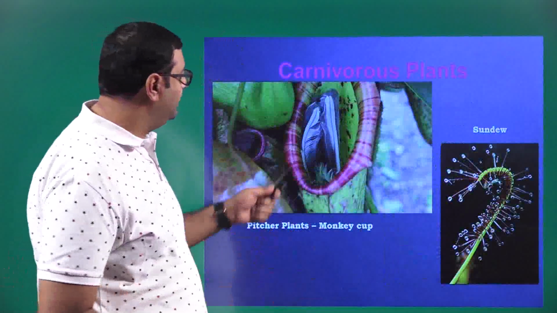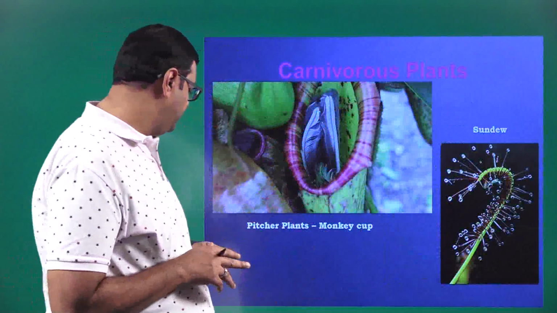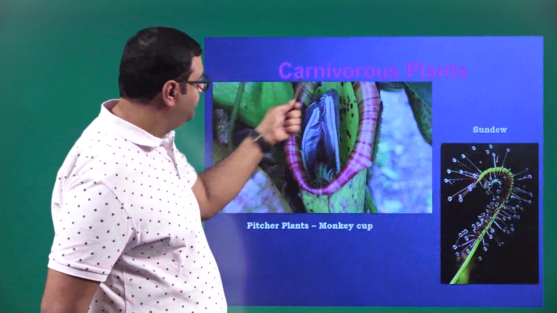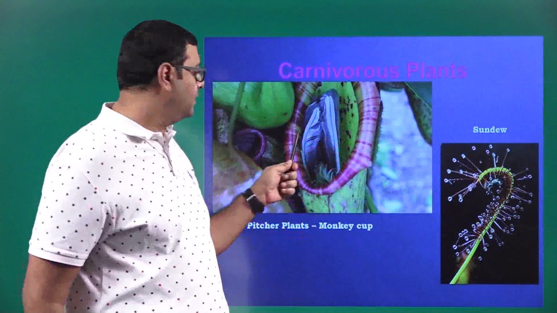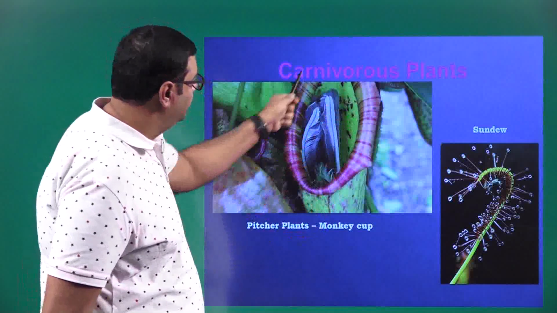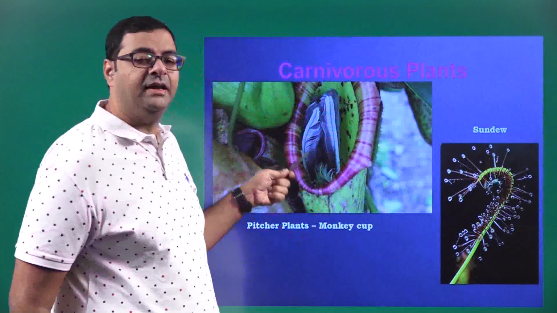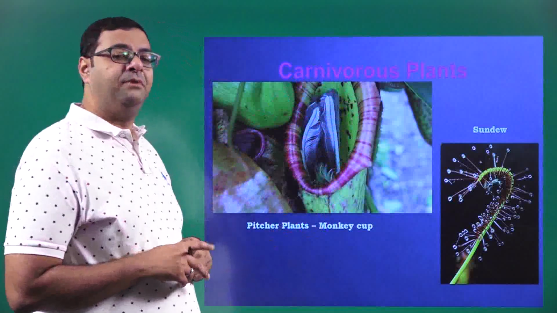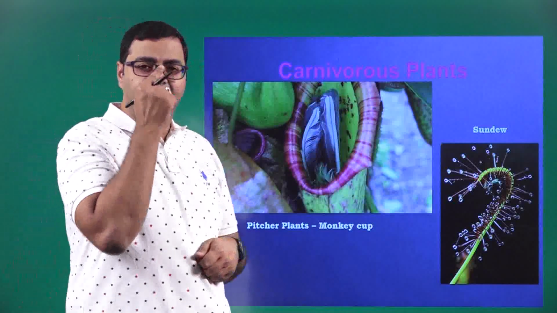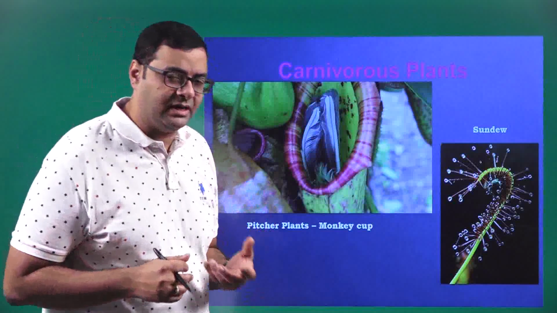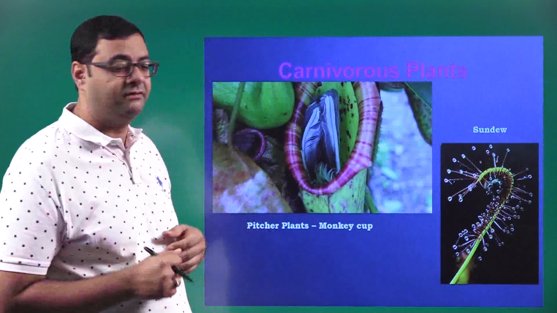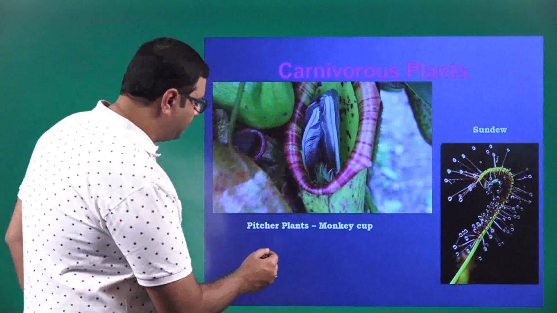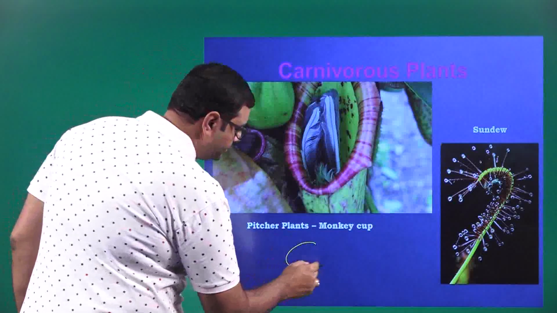Similarly, in the pitcher plant, you have a leaf that is actually modified into a pitcher. And they look very attractive. Once the insect comes, there is a lid on top of the pitcher.